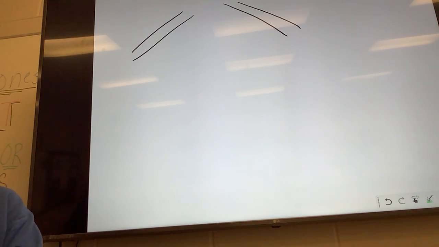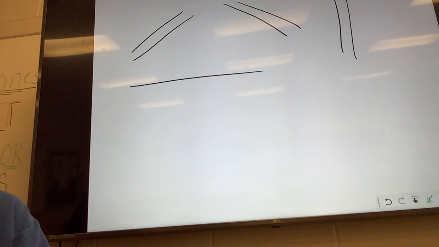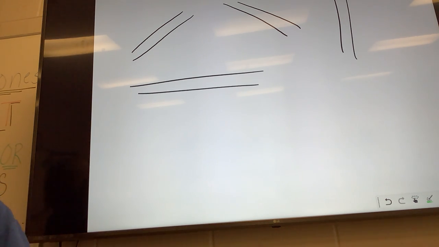All right. So if I have parallel lines, those parallel lines could look like this, or they could look like this, or they could look like this, or they could look like this. It really doesn't matter. The parallel is parallel. What do you think you can tell me about parallel lines' slope?